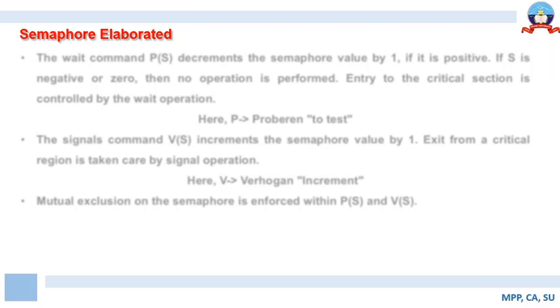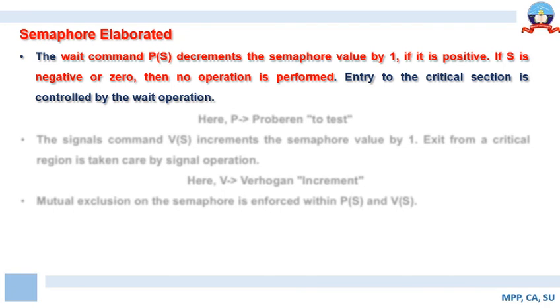Now let us try to understand the significance of the wait and the signal function. The wait command, which is also represented by P, decrements the value of the semaphore by 1 only if it is positive.